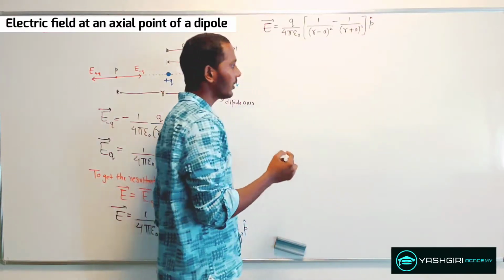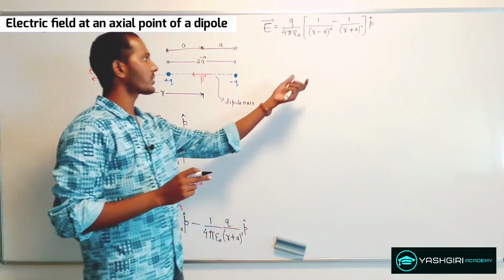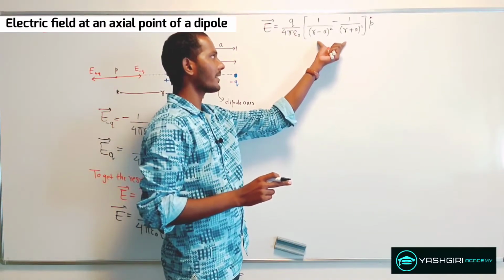That's the unit vector of your dipole moment. Now we need to solve inside this bracket.